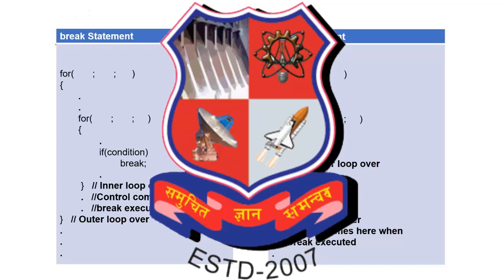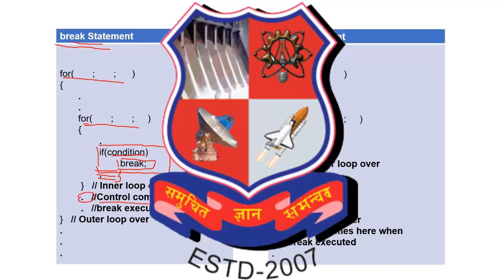So we'll take this first example. In this example there are two loops. First is the outer loop and the second one is the inner loop. If we are using a break statement inside the inner loop, and if this condition is true, then this break statement will execute, and whatever statements are over here are all skipped and control is given over here.